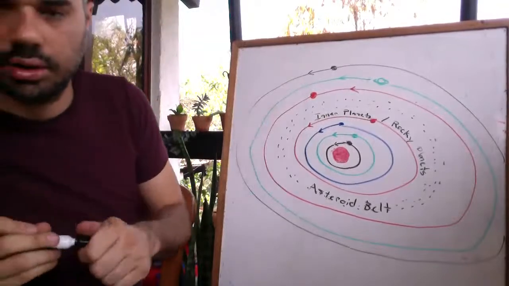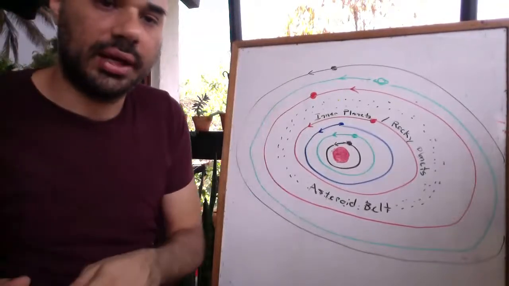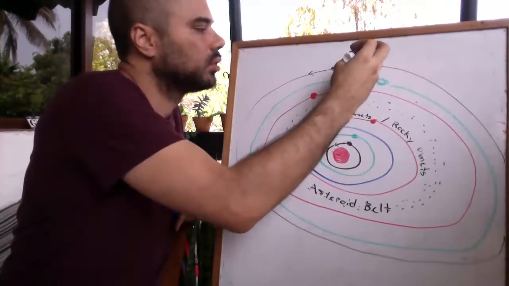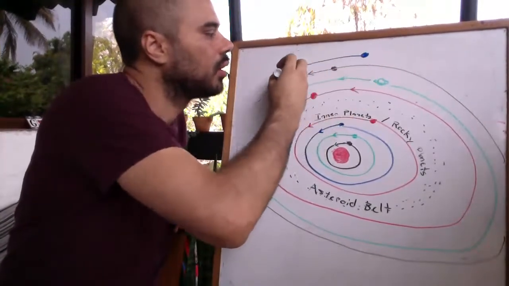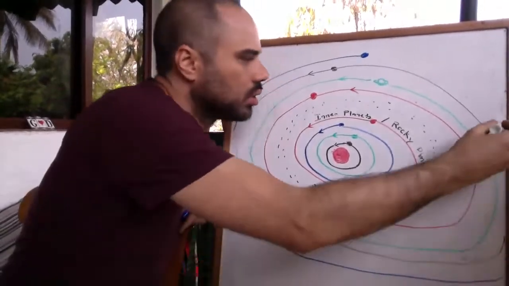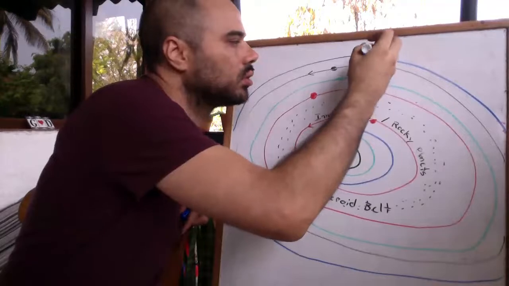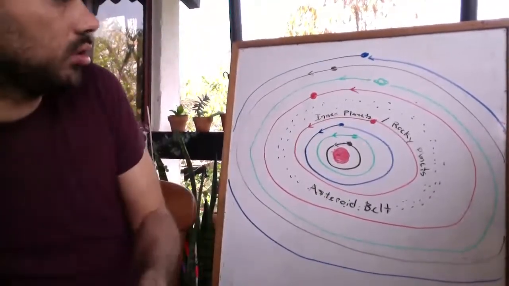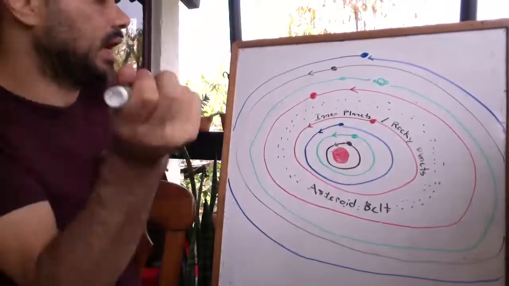And the final of the planets is Neptune, another gas giant. So, and these are what we call the outer planets.